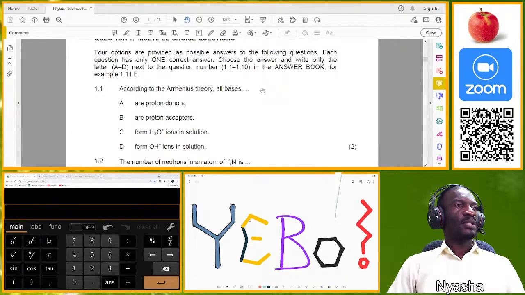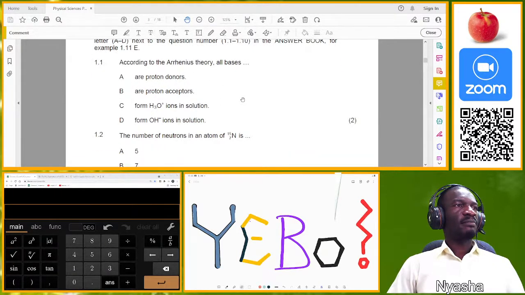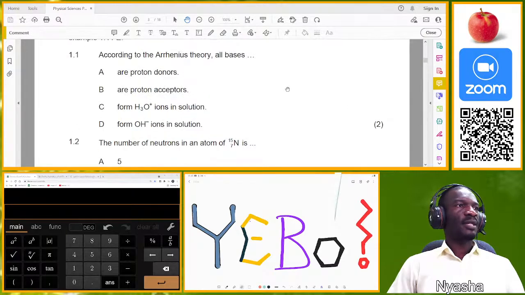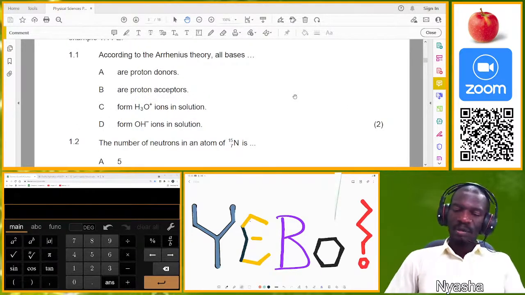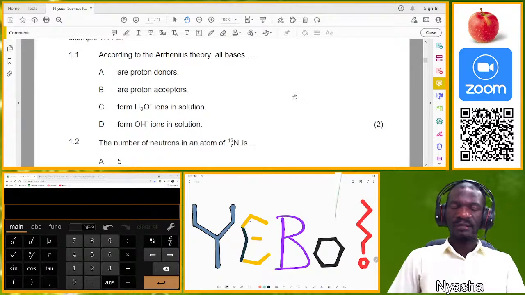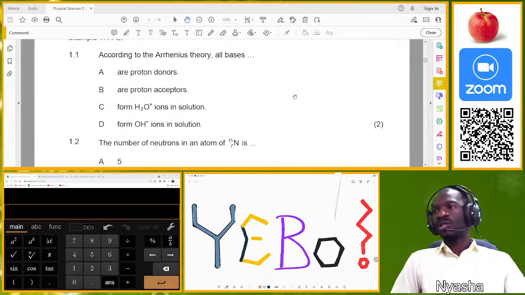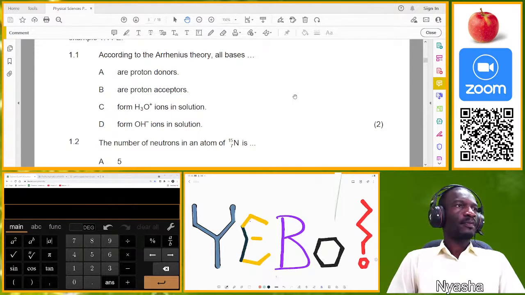Last week, we looked at the definition of bases according to the Arrhenius theory, and we came up with the definition according to the spontaneous splitting of water. Now, we also built a small atom and played around with building an atom.